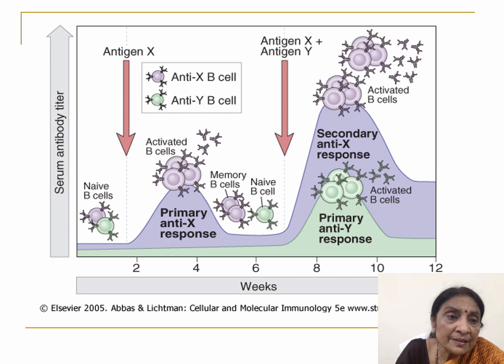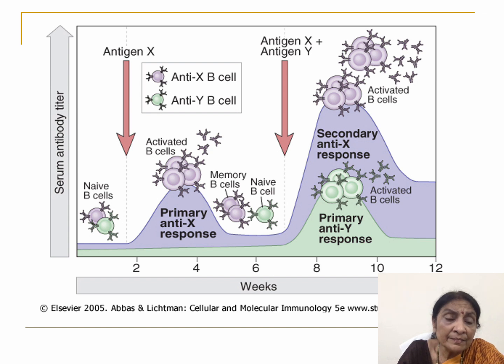Same here is the response, the serum antibody titers on the y-axis, and on the x-axis is weeks after the infection or presentation of the antigen. You have the naive B cell, then you have anti-X B cell, anti-Y B cell.